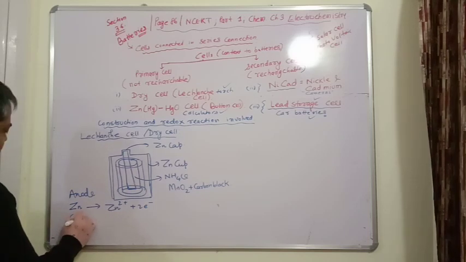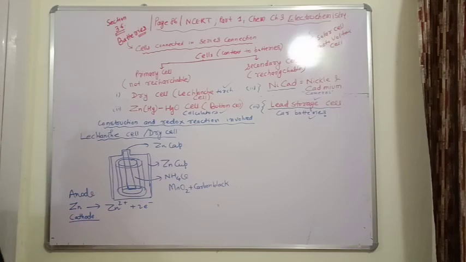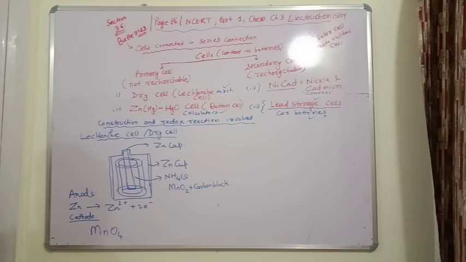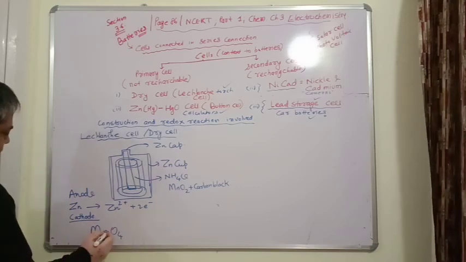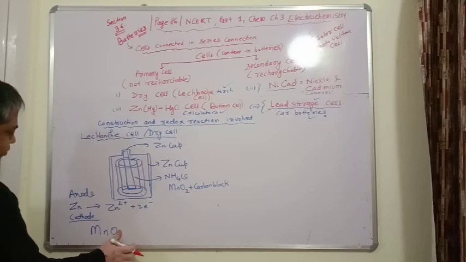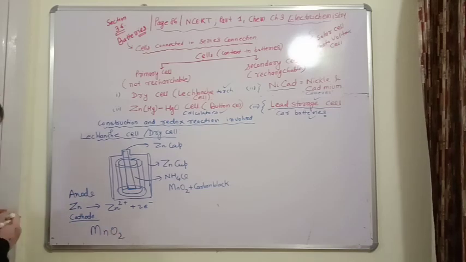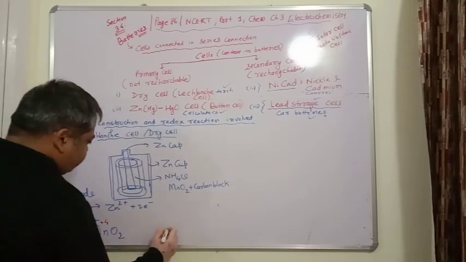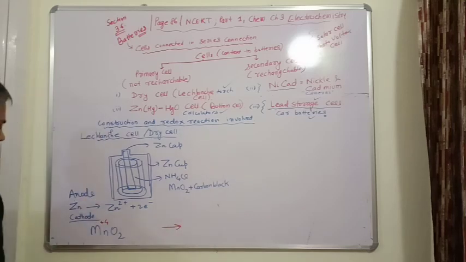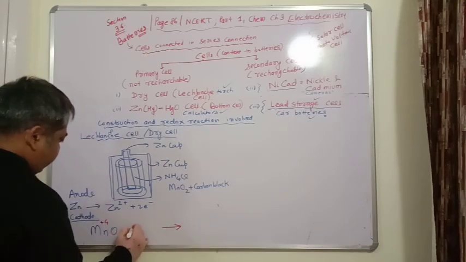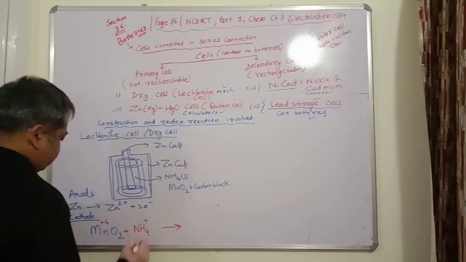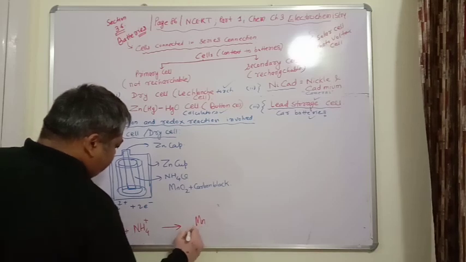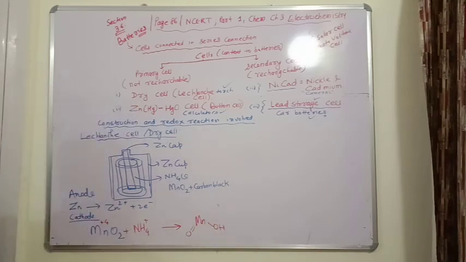At the cathode what happens? Reduction takes place. How does reduction take place? MnO2, this is MnO2 with plus 4 oxidation state. It reacts with NH4+ and forms MnOOH.